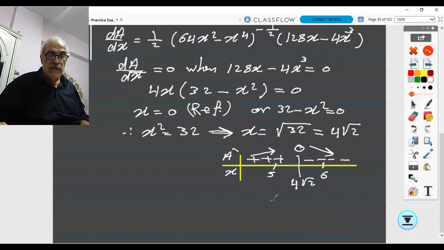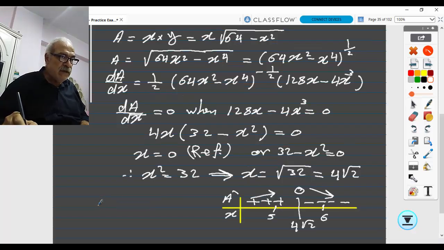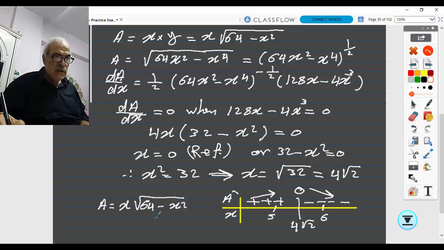Again, there is a maximum, greatest value to the area inside the circle when x equals 4 root 2. And we have A equals x square root of 64 minus x square. So substituting, what is the value of A?